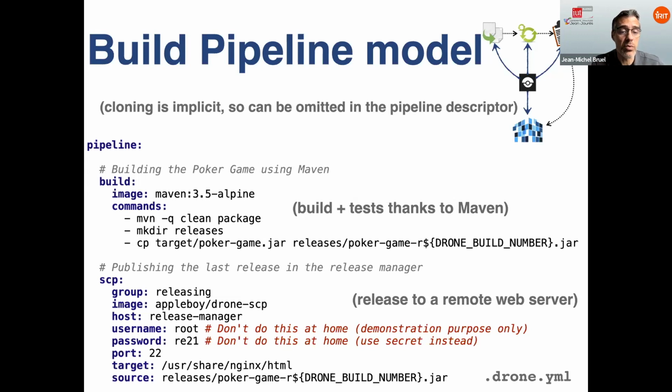This is the command we are launching when the CI starts, and this is the kind of thing we do. Everything is written in a specific language, which is called YML. It's pretty easy to learn how to write those things, and most of the time, you don't even write them yourself. You just find good examples somewhere related to the kind of thing you do, and you just reuse them.